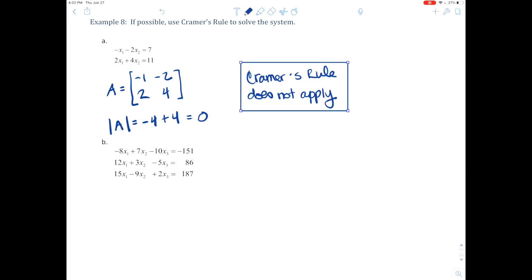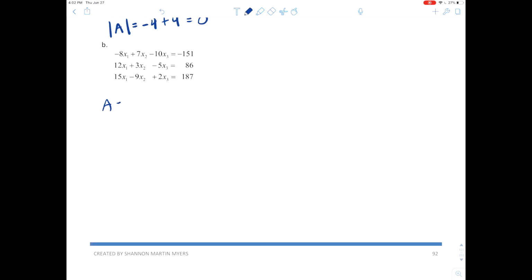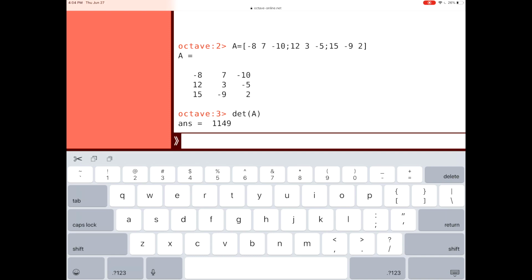Cool? All right, next up, let's check this one out. Our A will be -8, 7, -10, 12, 3, -5, 15, -9, 2, and for the determinant of A, let's use some technology. All right, so the determinant of A is 1,149, which is non-zero.